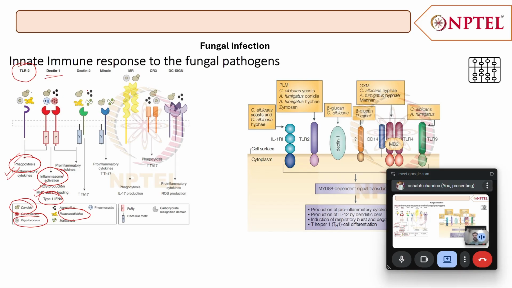Okay, then moving on to Dectin 2, another receptor that belongs to the dectin family, and it helps in the increase of TH17 cells. Okay, and along with Dectin 1, TLR2 also helps in release of the pro-inflammatory cytokines, so that they can increase the inflammation against fungal pathogens.